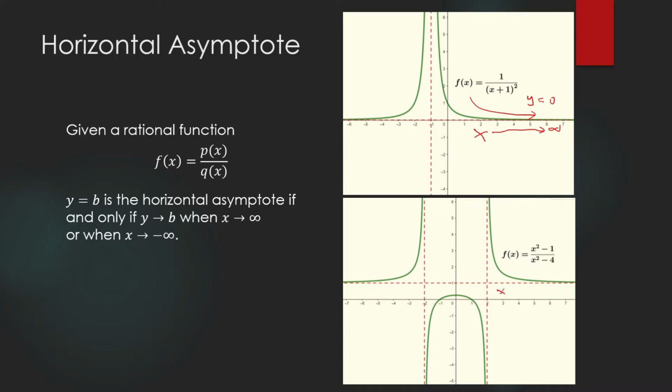When x approaches infinity, the values of your y approach the line y is equal to 1. And the same here: when x approaches negative infinity, when the magnitude of your x increases but it's negative, the value of y also approaches the line y is equal to 1. So in this case, this is your horizontal asymptote.